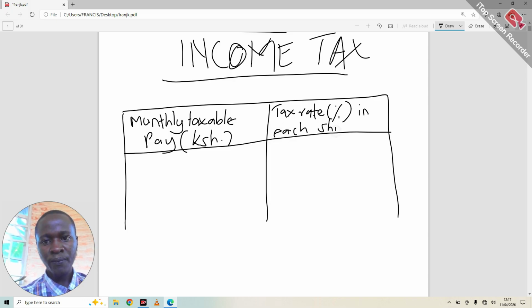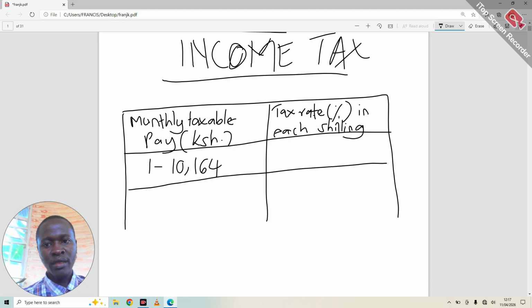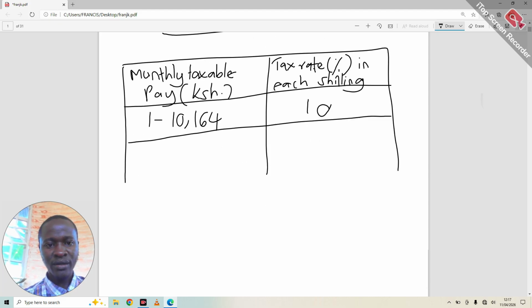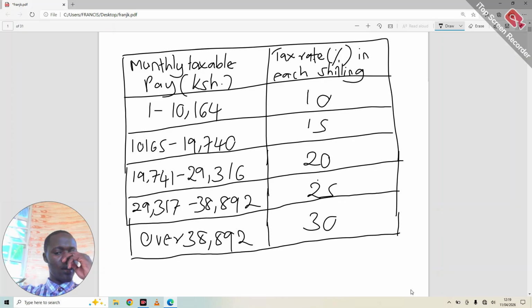Our first band is 1 to 10,164, and the rate offered there is 10. We have 10,165 up to 19,740. Let me just finish the table, then we continue.